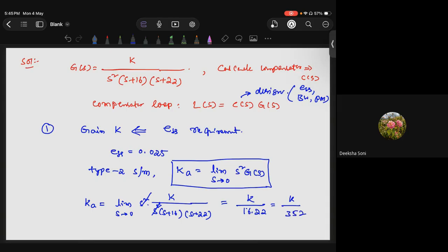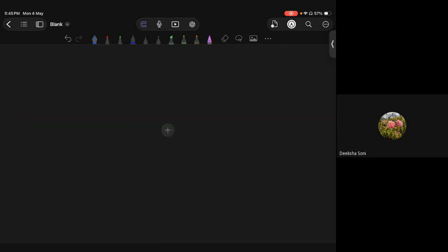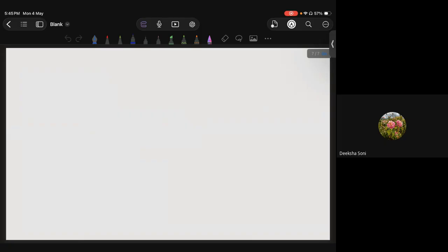That is the acceleration error constant. This we know from the starting chapters. For parabolic input, our steady state error in terms of the acceleration error constant is ESS equal to 1 by Ka, that is 352 by K.